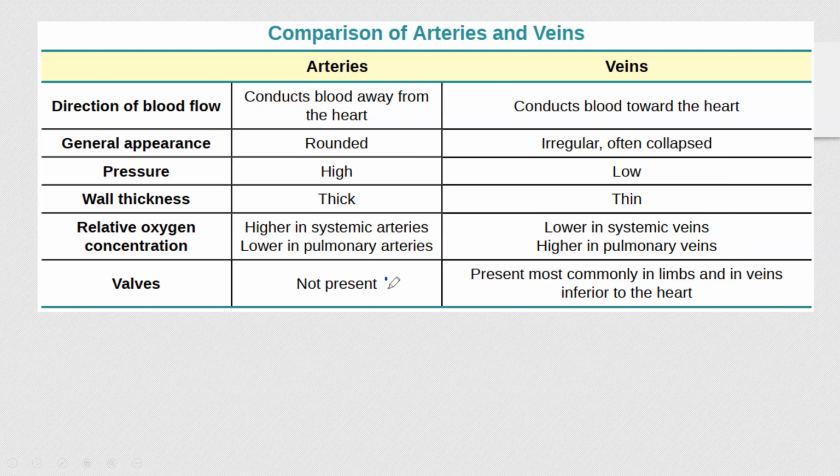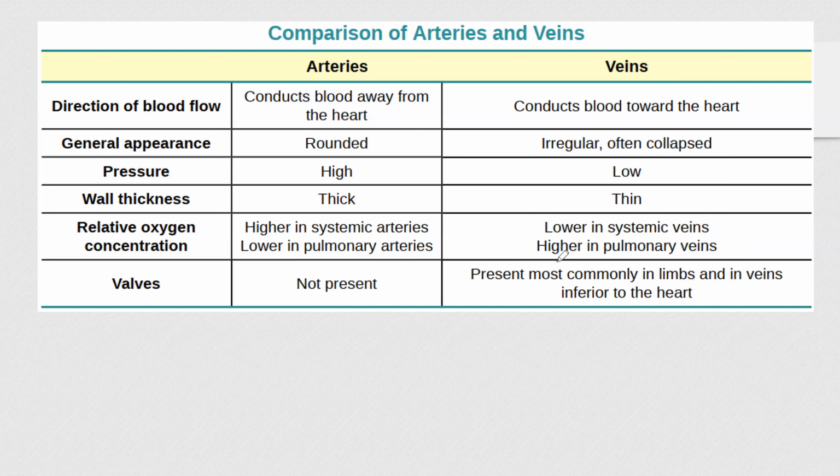Valves: you don't have valves in arteries, and they are present most commonly in the limbs and in veins inferior to the heart. We have valves in veins. You don't need valves in your arteries because you have blood pressure in your arteries and blood just flows down its pressure gradient.